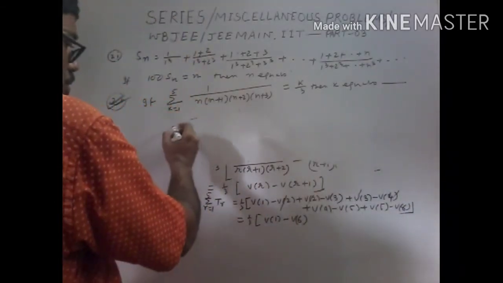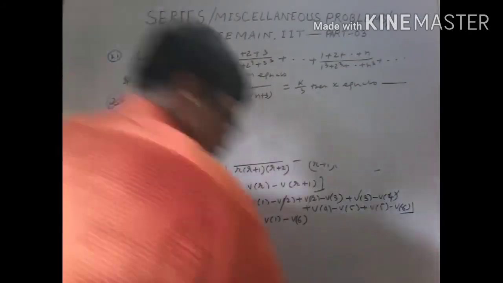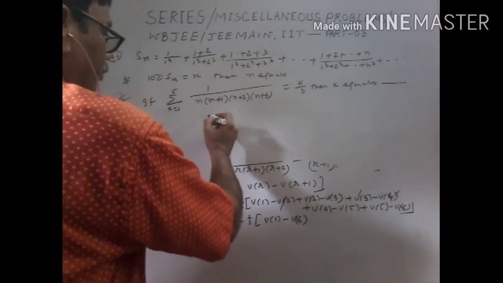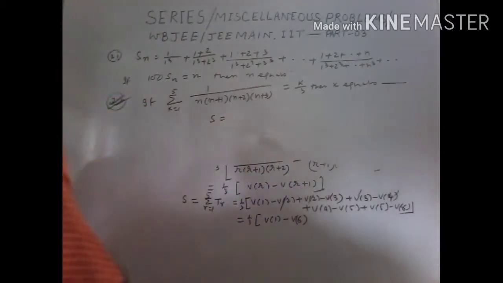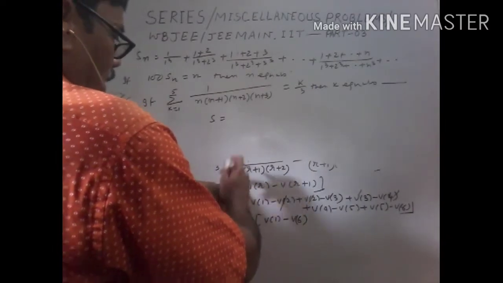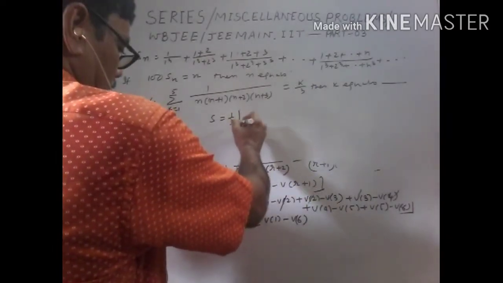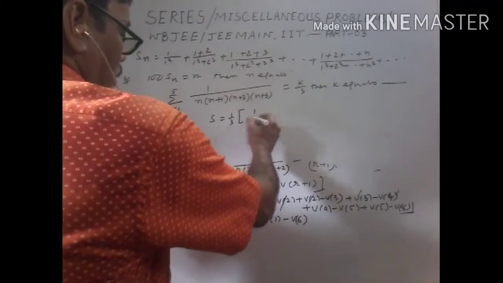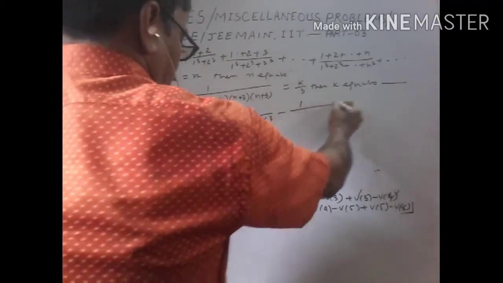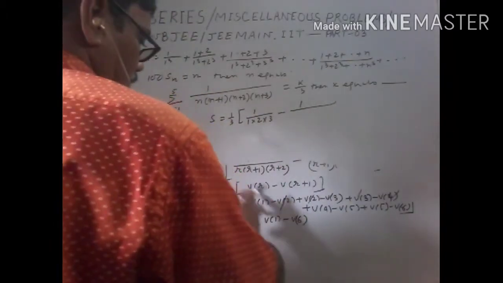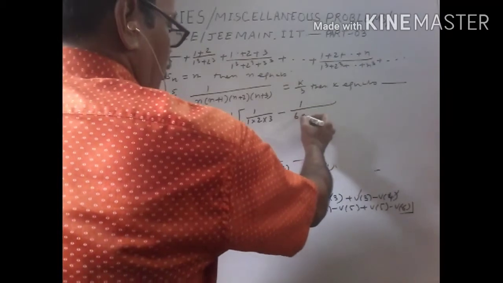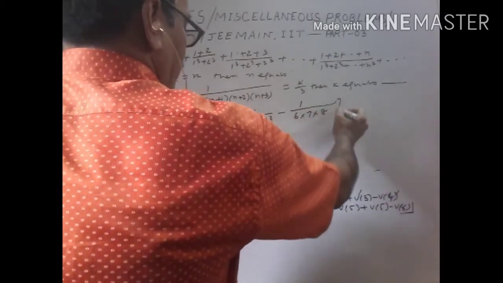So S equals, what is S? S equals 1 by 3 times V1 minus V6. V1 is, put R equals 1, so 1 by 1 into 2 into 3, minus V6. What is V6? 6 into 7 into 8.